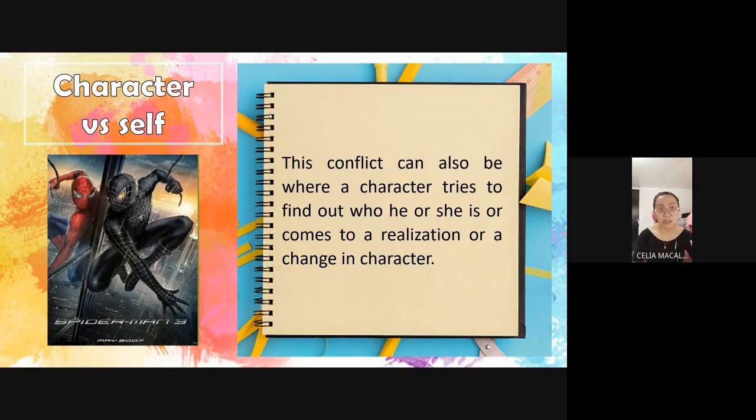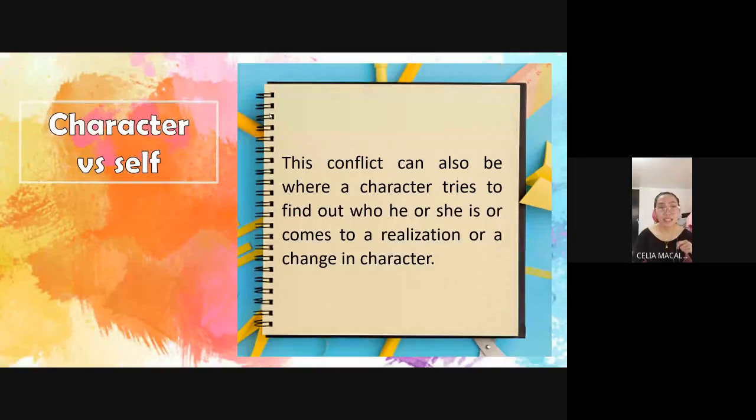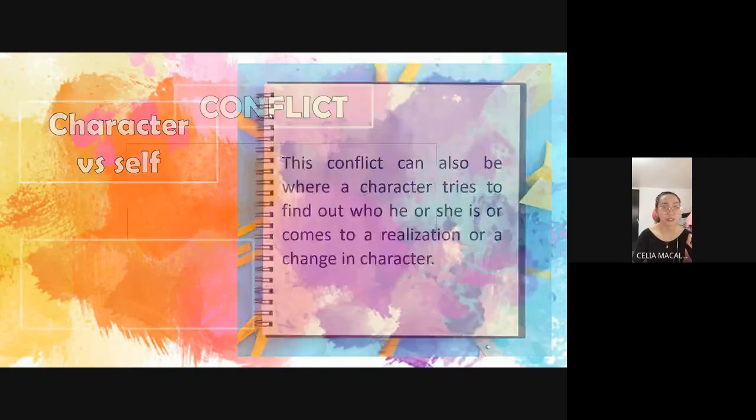That's why he has a hard time making a decision on what to do. And then suddenly, he wakes up with his black suit, and his personality comes out. So from a good Spider-Man, there came a bad Spider-Man. Okay? That is character versus self.